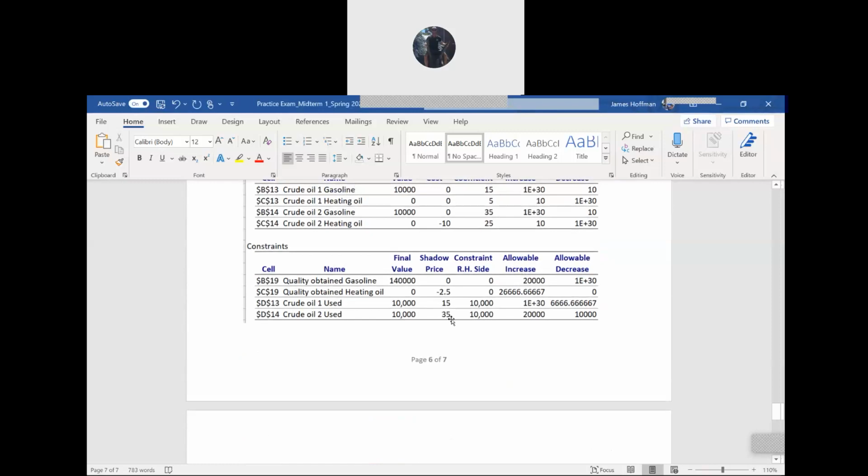Okay, so the 15 is for crude oil 1, and this is how much we had, and this is how much we used. So this is the value of one more barrel of crude oil 1, right? 15.